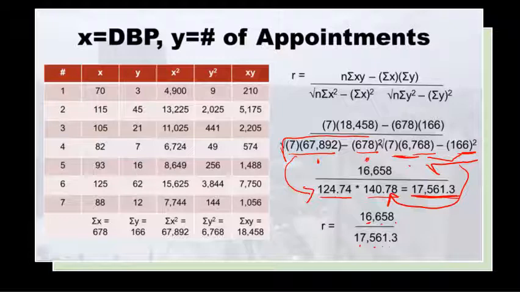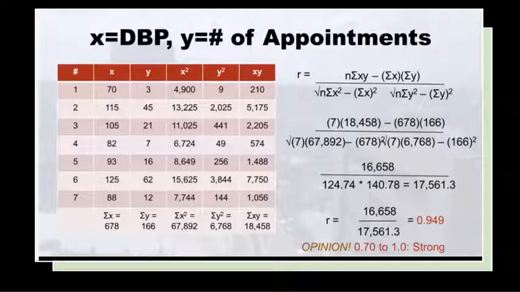And that will give you 0.949. And as we learned already, if it's positive, we're definitely going to have a positive correlation, a positive direction.